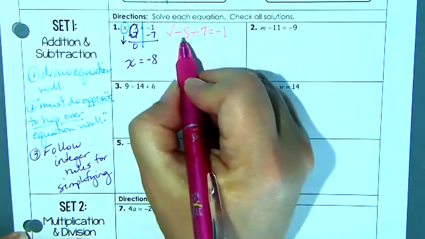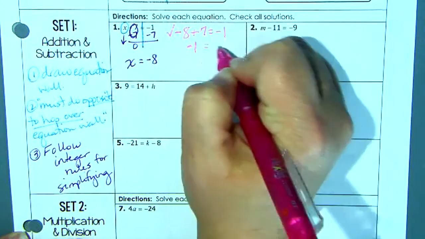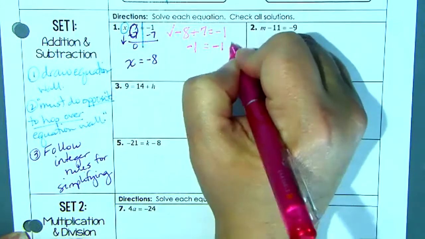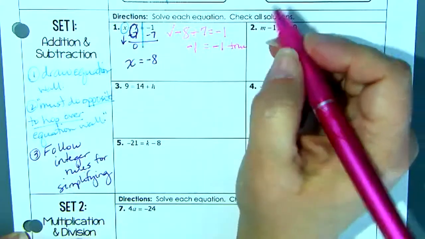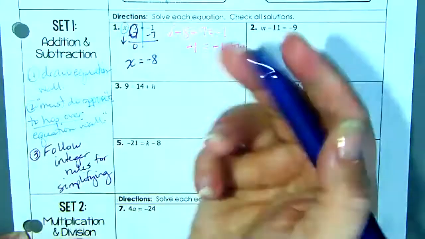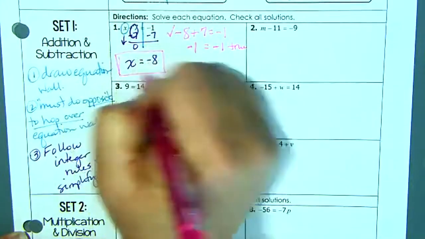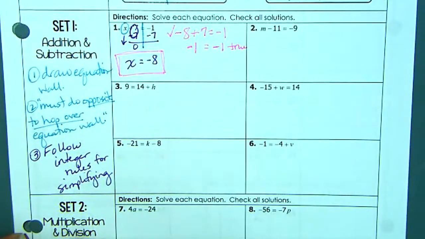So now I simplify. -8 plus 7 is -1 equals -1. This is a true statement. So therefore, my answer is x equals -8. This is correct. All right, next problem.